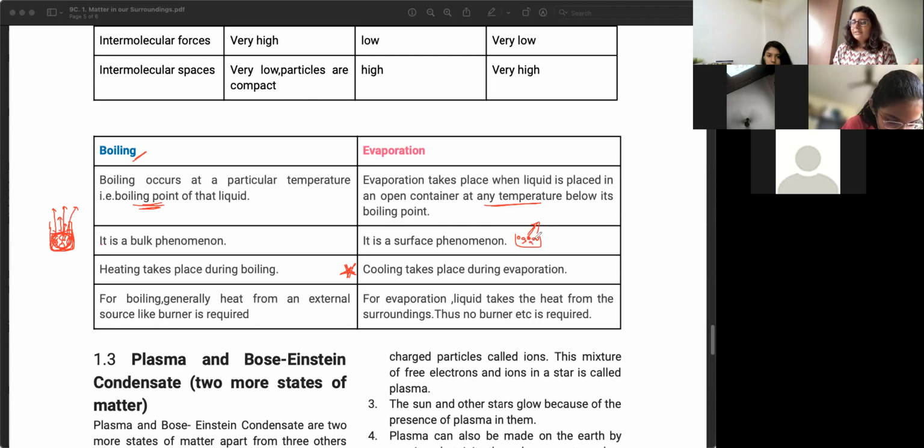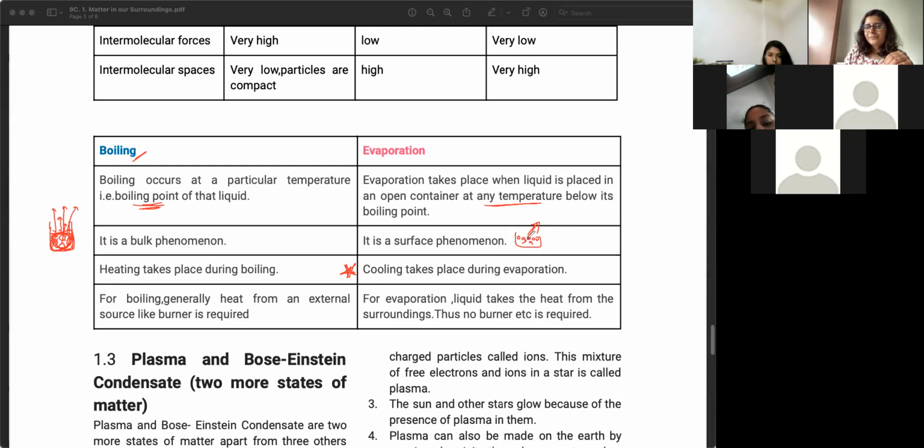It's getting it from the surroundings. It could be other water molecules. It could be the surface of the container. Wherever it is getting from an external source. So agar surface is taking out energy, wherever it is taking it out from, uska temperature thoda kam hoga. So that's why we say cooling takes place during evaporation.